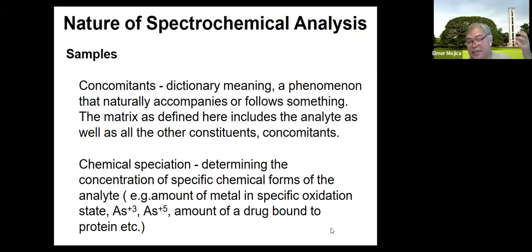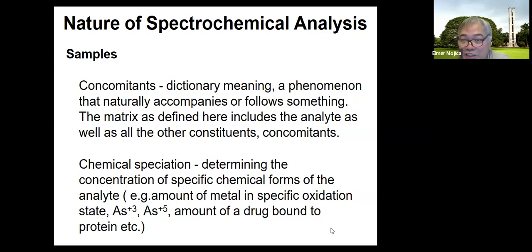So in trace analysis, the analyte is present in such small amounts that it is convenient to speak of the analyte and the matrix separately. Okay, but in major constituent determination, the analyte is a major part of the matrix, and this division is no longer helpful. So example, in determining iron in steel, the analyte is usually what?